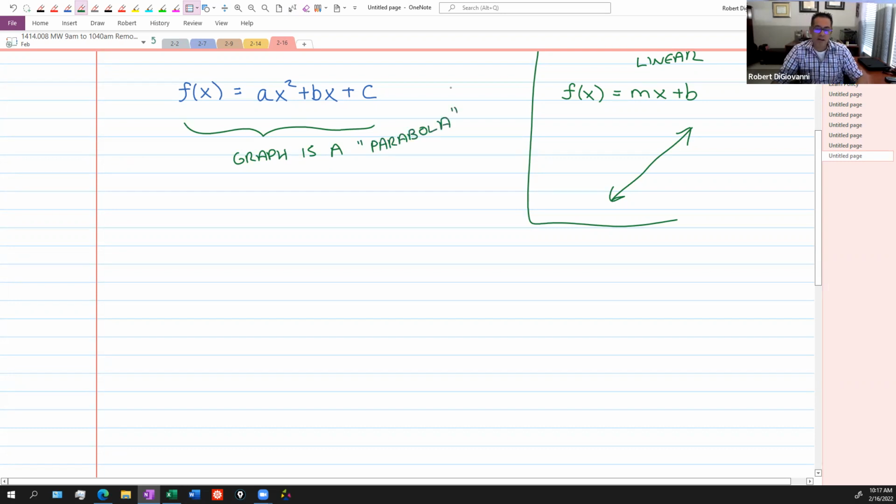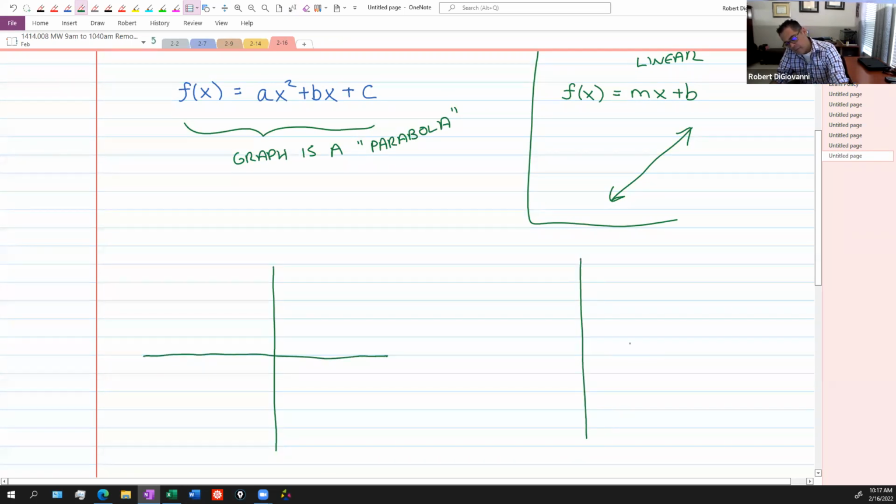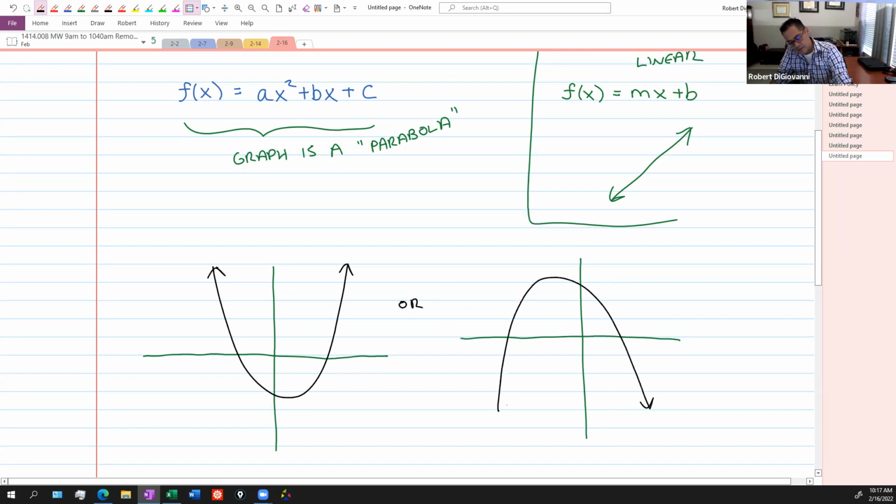It's not a straight line, right? So when it comes to a quadratic function, they're going to look like one of two things. It's either going to be a parabola that does this, or it's going to be a parabola that does this. Now the shape may vary.